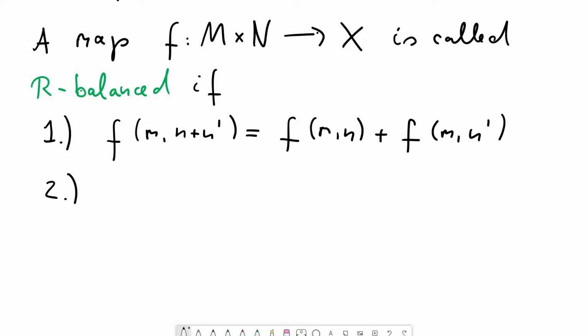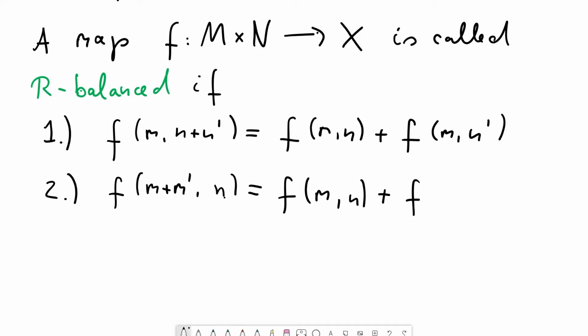Second, the same thing for the other variable. So F of m plus m prime comma n should equal F of m comma n plus F of m prime comma n. Yeah, so the usual additivity in both variables.